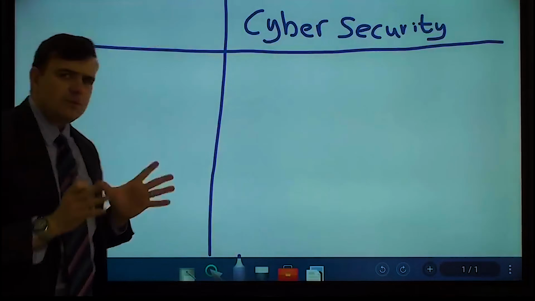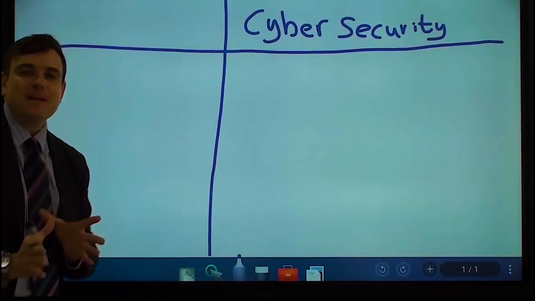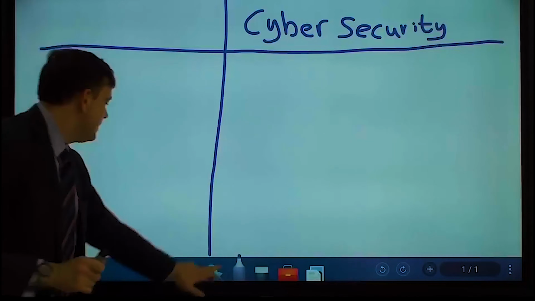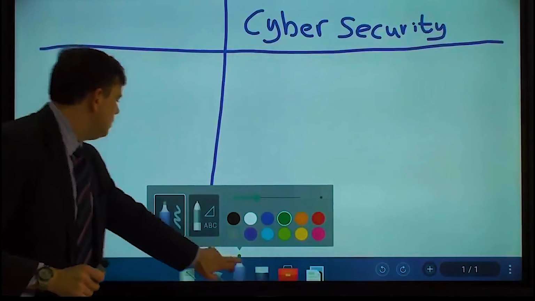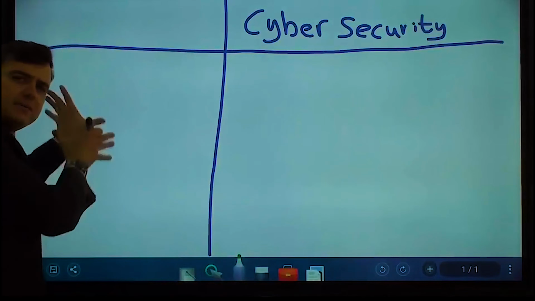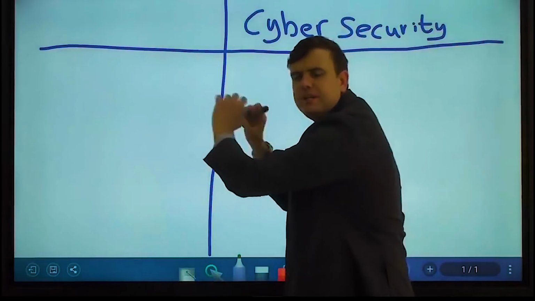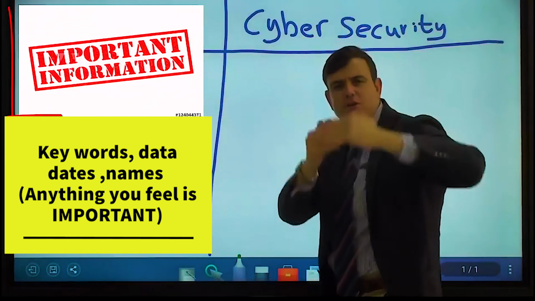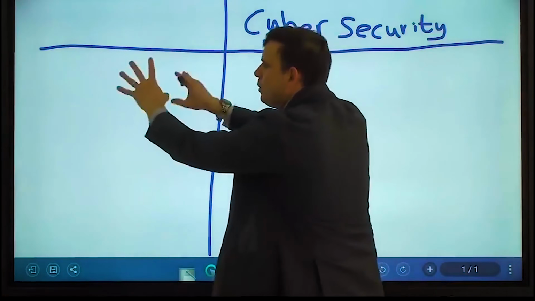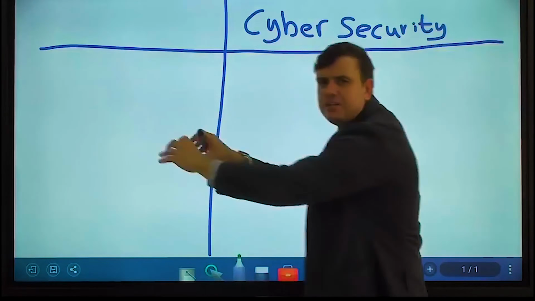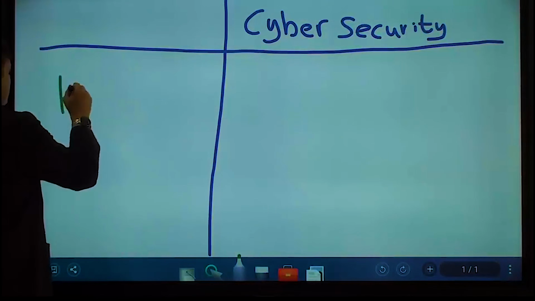Right, one of the most important things when making your Cornell note is this: always use the left-hand side of the page. On the left-hand side, we're always going to include the most important information of a reading, if you have to read something, or even in a lecture when someone's speaking a lot. Keywords, important information, always left-hand side.